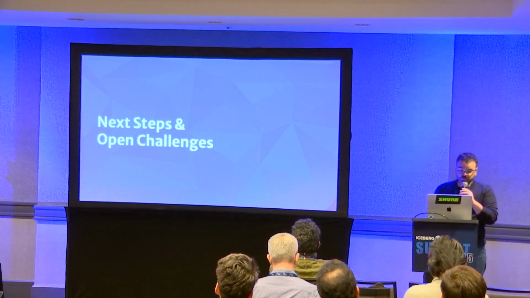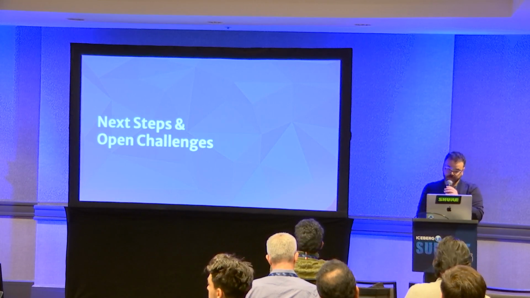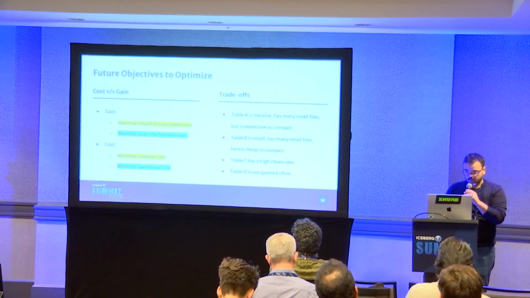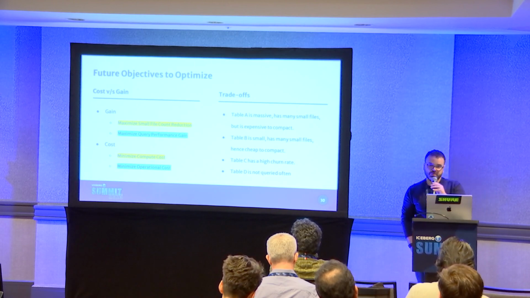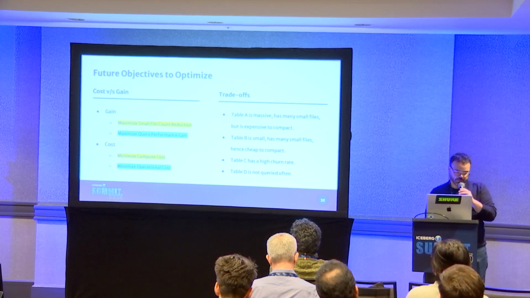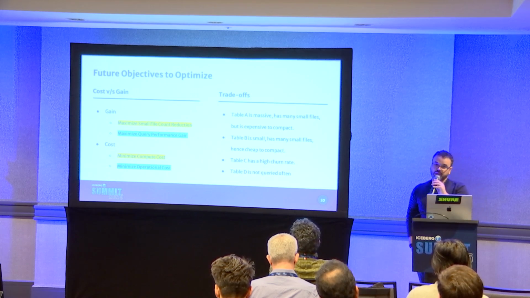And with that, let me move to next steps and what we see as open challenges. So first of all, when we look only at Autocomp in isolation, Sumit was showing this slide, right? I think there are other factors that we can also take into account when we are making these decisions and these trade-offs between cost and gain, right?